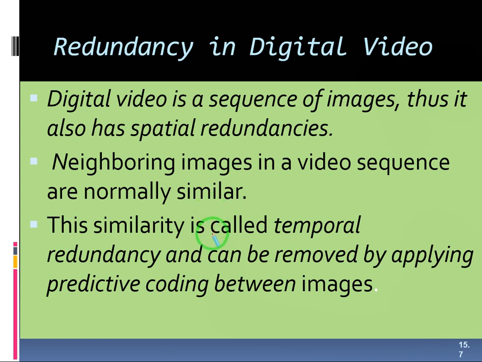These similarities are called temporal redundancy and can be removed by applying predictive coding between images. As we studied in audio, the same predictive coding is applied in images and in digital video to remove redundancy in the data.